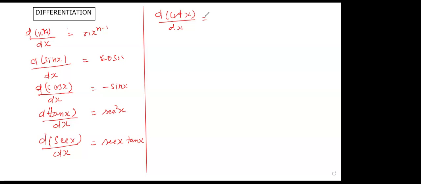I've seen some. Derivative of cot x is negative cosec square x. Derivative of cosec x is negative cosec x cot x.